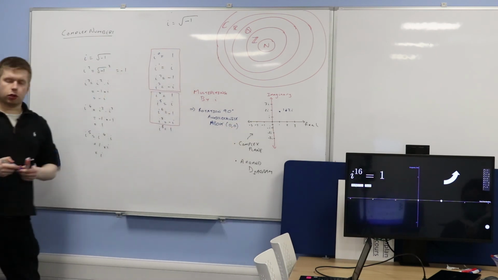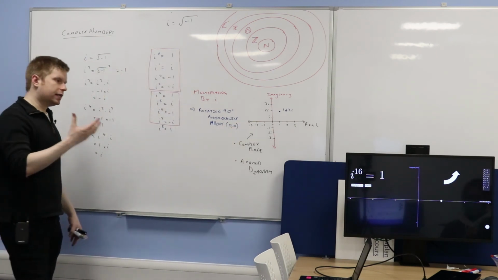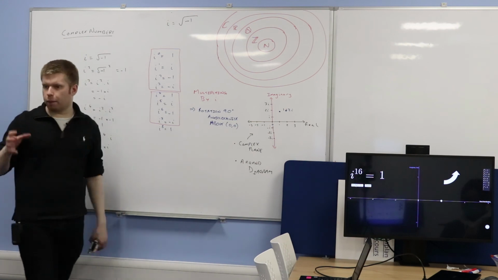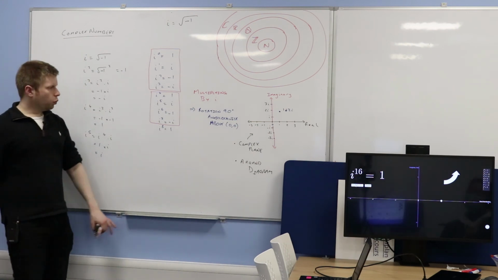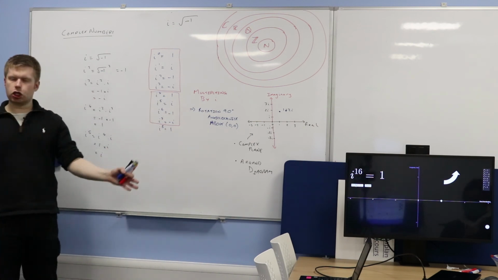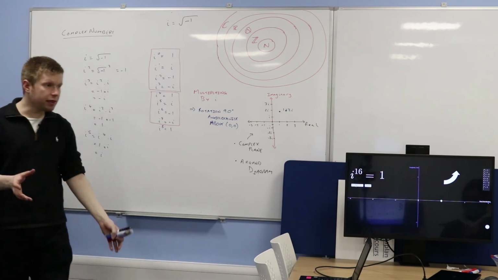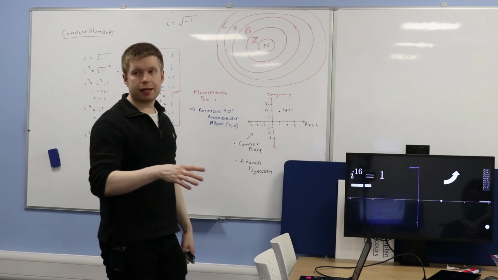So we're starting to build this idea that if we multiply by complex numbers, there's a rotation which is starting to happen. I think this is really cool, and we're going to play on this idea a little bit more.